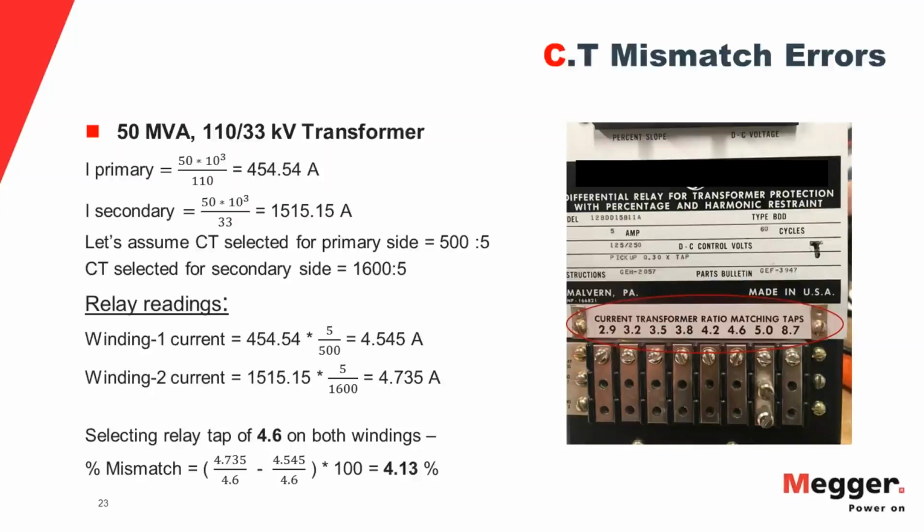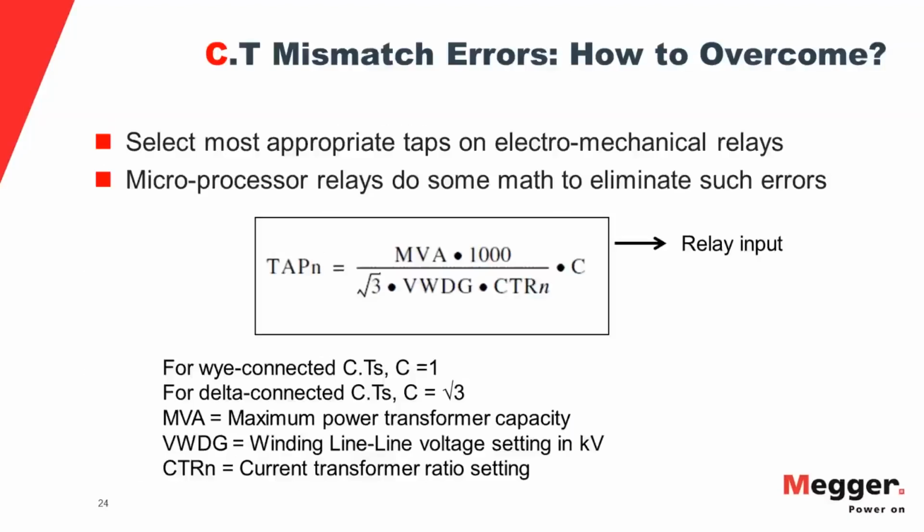Some microprocessor relays require the setting of the MVA of the transformer, high side and low side voltage of the transformer, CT ratios, and the connection types of the transformer. Based on that, they would compute the tap value for both winding 1 and winding 2 if you have a 2-winding transformer.